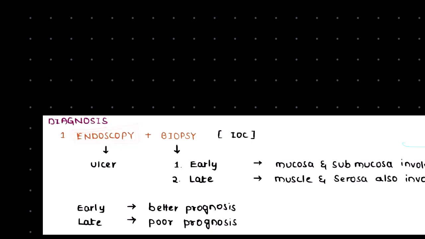Observation with our own eyes is done with the help of endoscopy. Now in endoscopy we'll find an ulcer, and after endoscopy what we'll do is we'll take tissue from that area and observe it under a microscope, and that is the biopsy. We'll do biopsy, and this is the investigation of choice, right, in the case of diagnosis.